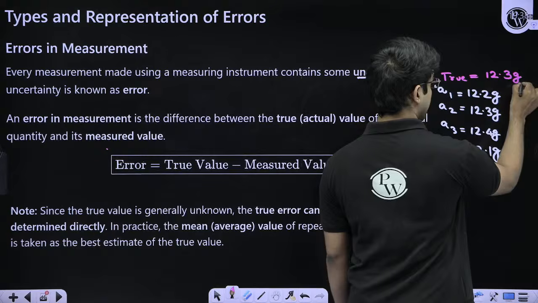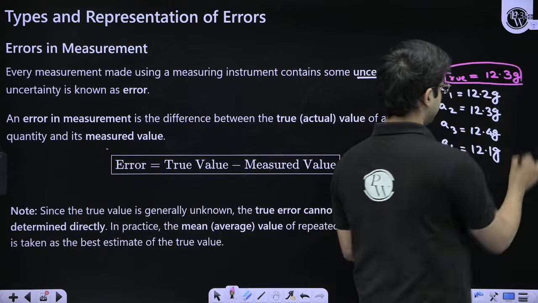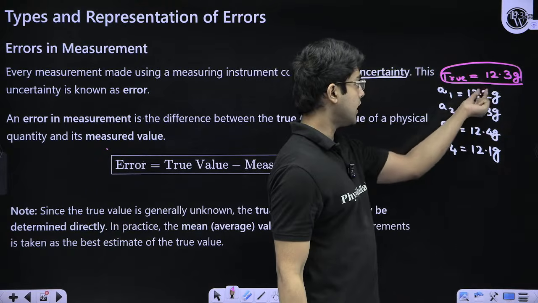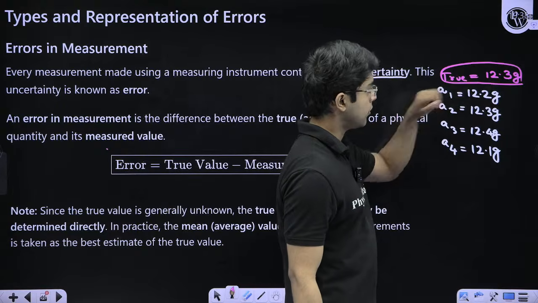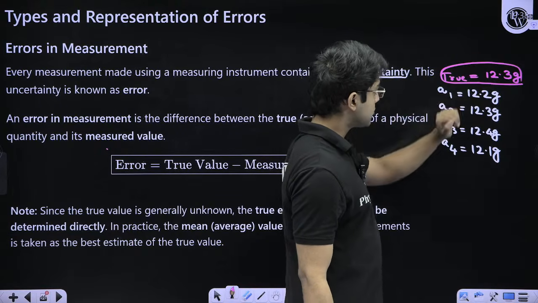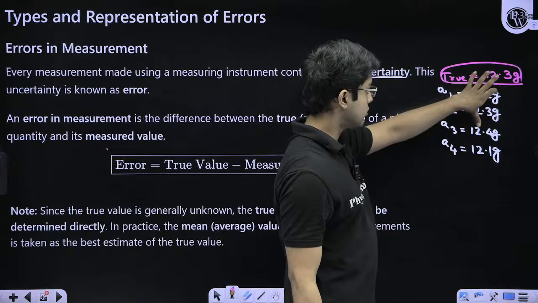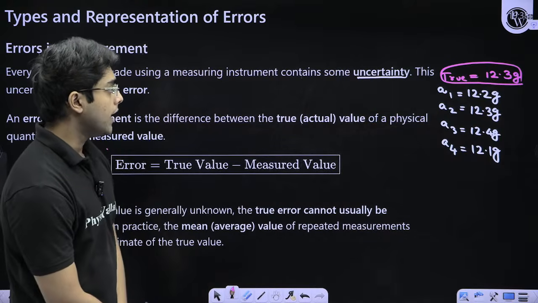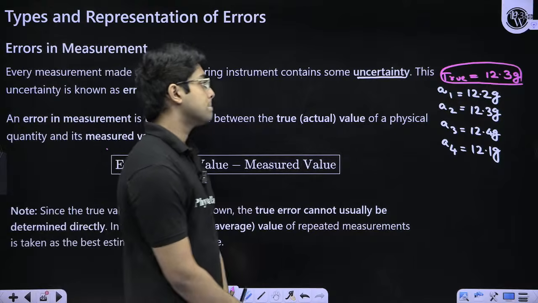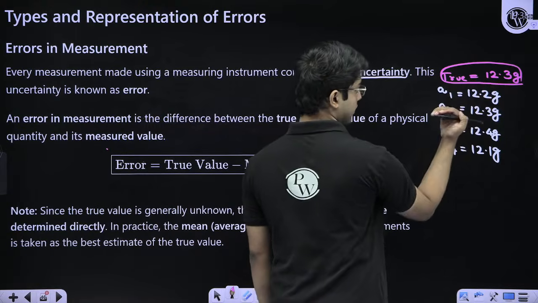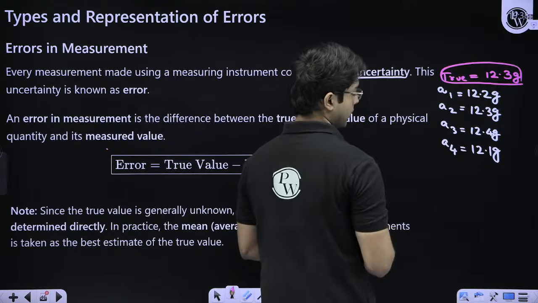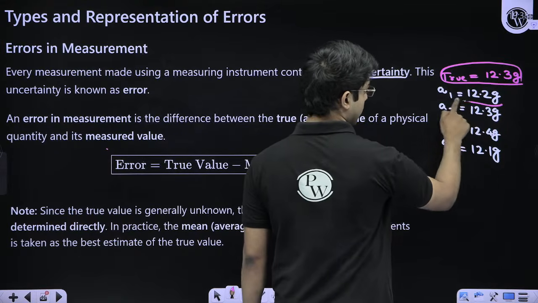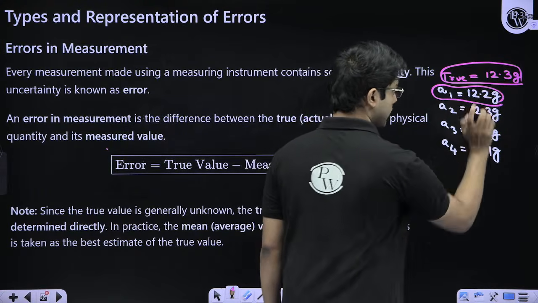In the first measurement, there is an error of 0.1 grams. In the next measurement, there is no error. In the third one also there is error, and in the fourth one also there is error, right? So there is always some uncertainty that occurs in the measurements. Always in measuring values, there is a possibility of having an error.